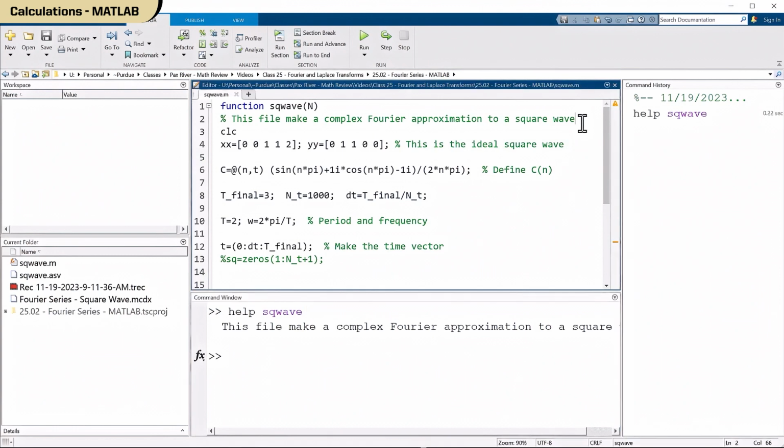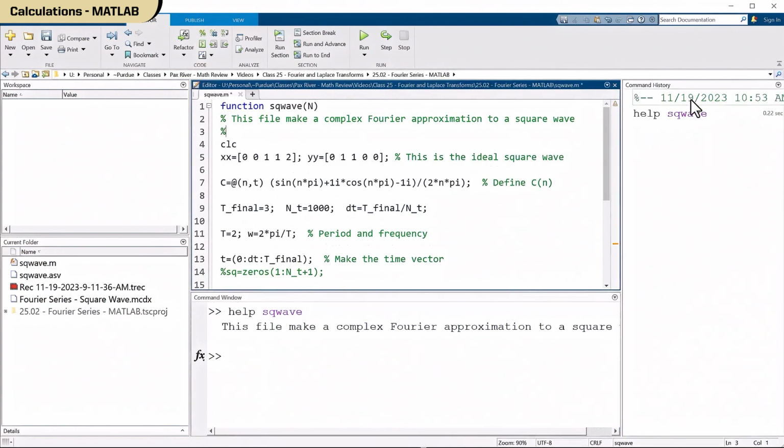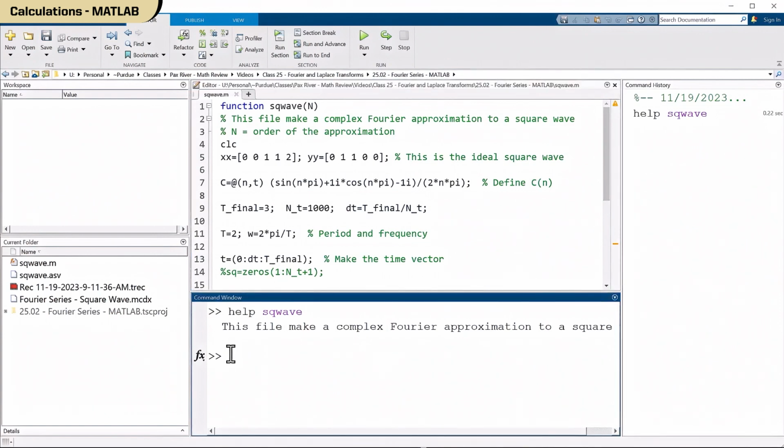I could actually put another line in there if I wanted. N equals order of the approximation. So I can even put a line in there to say, here's what the input variable means. Let's go down and try this again. Again, the name of the function is SQ wave. So I'll just press the up arrow and pull that back.